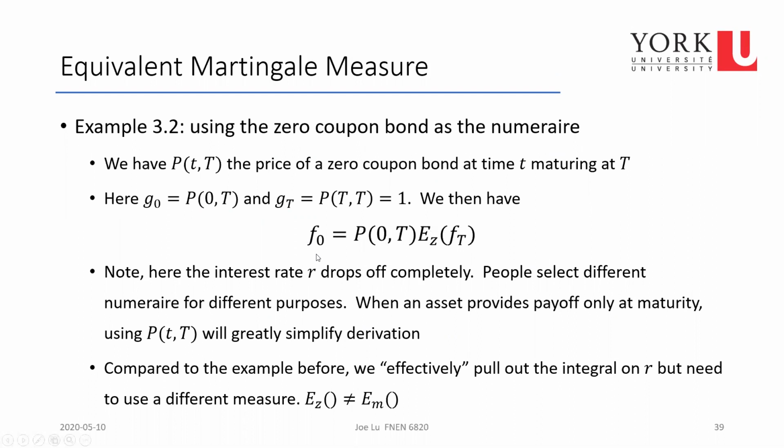So depending on what you use as a numeraire, there's a different probability distribution that makes the whole ratio a martingale. So you can mix them together. They're under different probability measures.